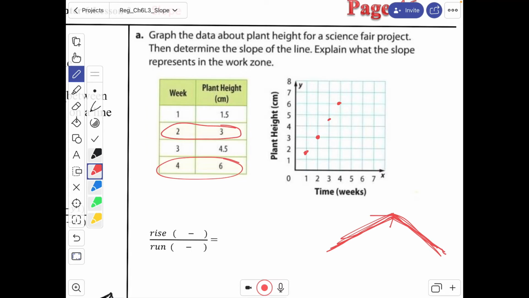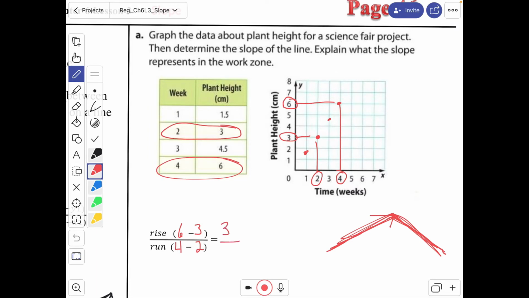So the y's, I just picked this point and this point. So the y's were 6 and 3. And the x that went with 6 is 4, so it has to go underneath the 6. And the x that went with 3 is 2, so it has to go underneath the 3. And then we just work it out.